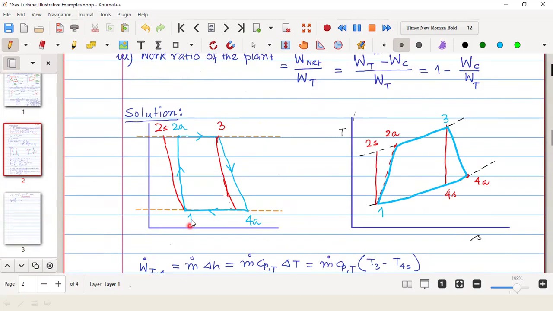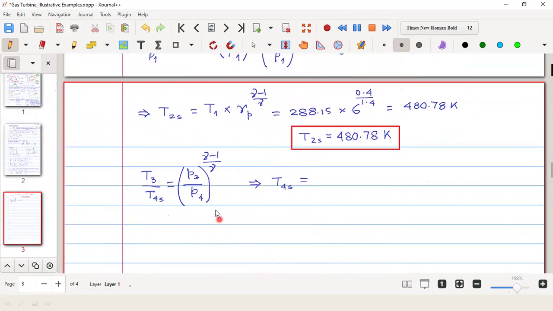So it will be T3 divided by Rp to the power 0.33 divided by 1.33, because gamma is 1.33 for expansion.